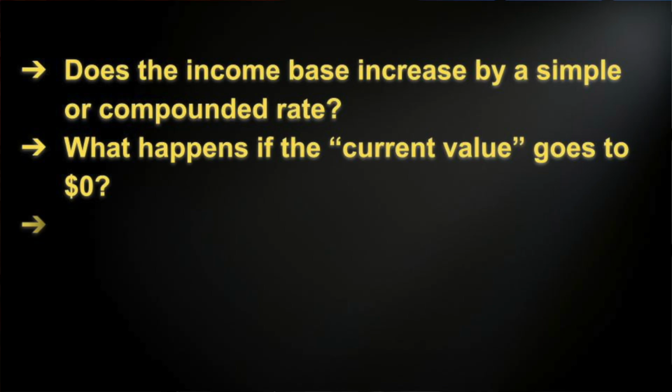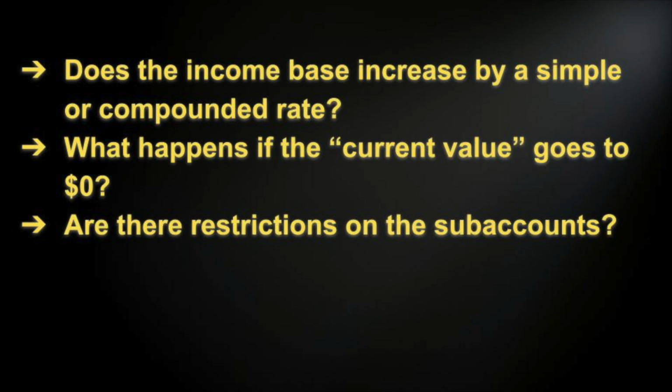Another question is, do you restrict the subaccounts that I can choose from? In many cases, an annuity with an income rider will have a very limited selection of subaccounts to choose from. In many cases, these are going to be managed volatility funds, which have a track record of seriously underperforming the market.